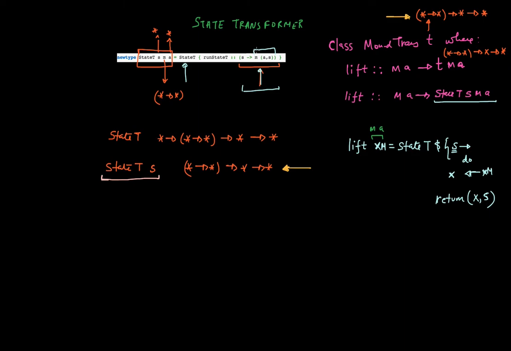The entire piece in blue here is a monadic value, and this is what I'm getting back. Now if I close the parentheses, what I have is the actual implementation of my lift method by making StateT s a monad transformer.